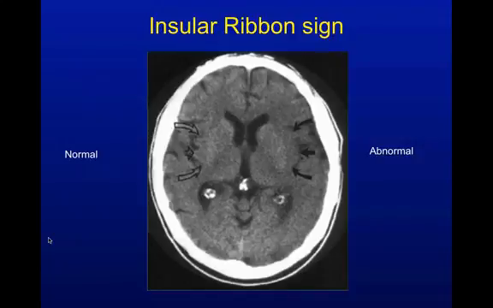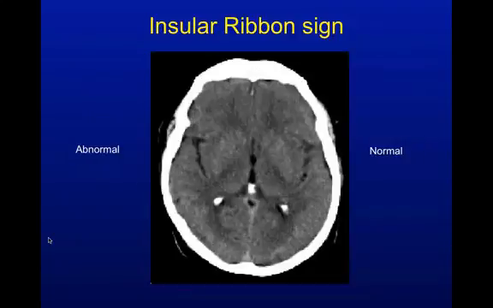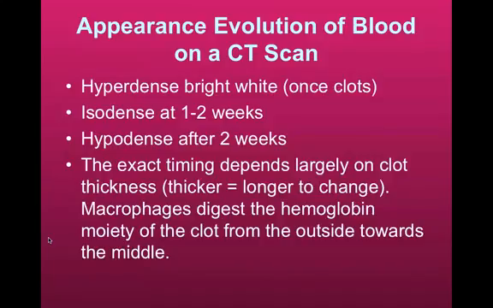Same thing, it just happens to be right there at the insular ribbon along the Sylvian fissure. So same thing here without arrows and different sides this time. Okay, normal versus abnormal. It's just a little prettier, a little cleaner, and a little smudged on this side. You're going to get the symptoms to go along with that to kind of clue you into where to look, especially if the family says, you know, they were normal an hour ago.